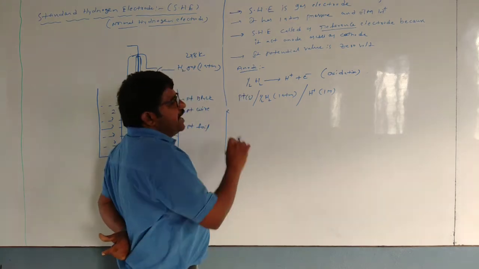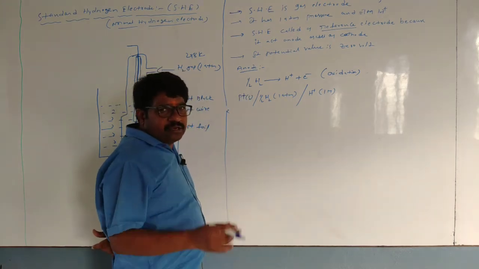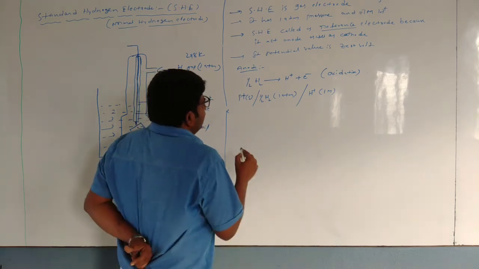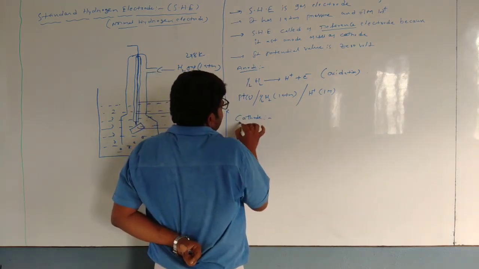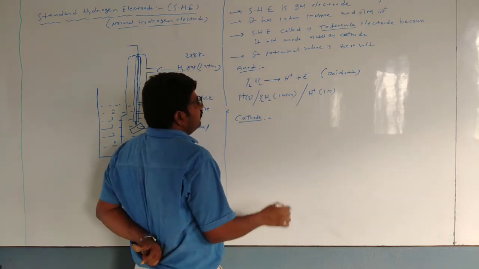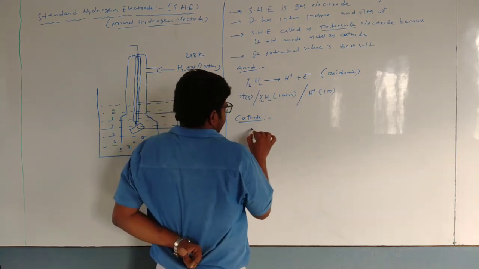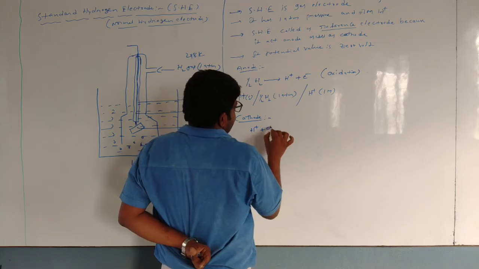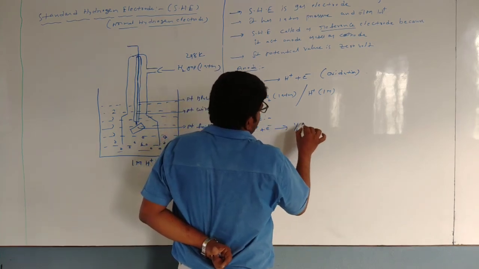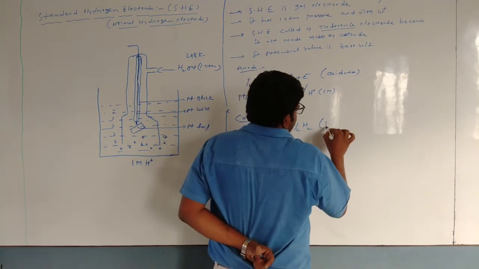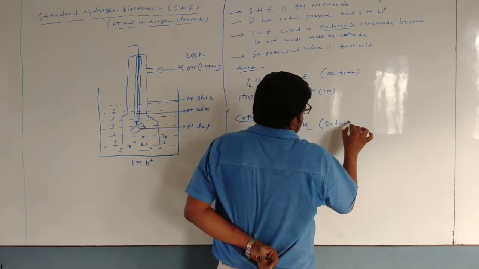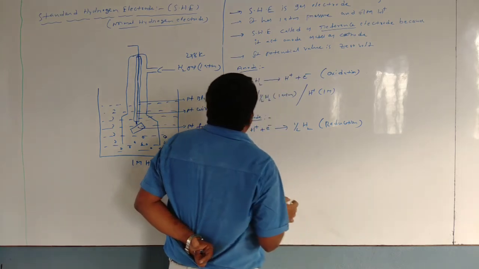This is when the standard hydrogen electrode acts as anode. If it acts as cathode, it is reversed. H plus gains an electron and is converted to half of H2. This is a reduction reaction.